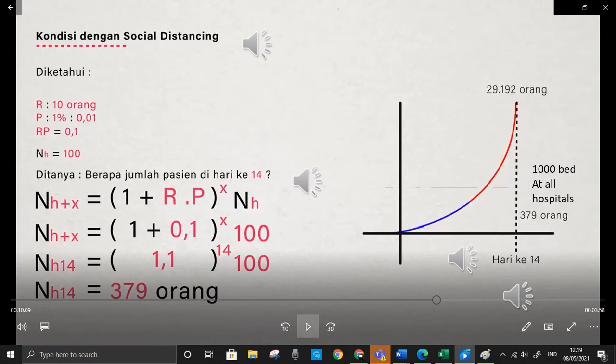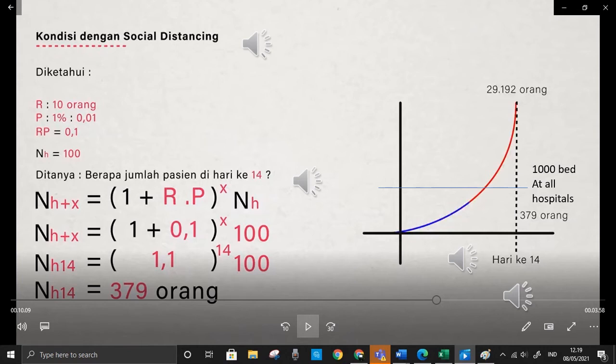So, r multiplied by p is 0.1. And n, which is the number of original patients, is the same, which is 100. Then, the calculation of the number of patients at the 14th day is as follows.